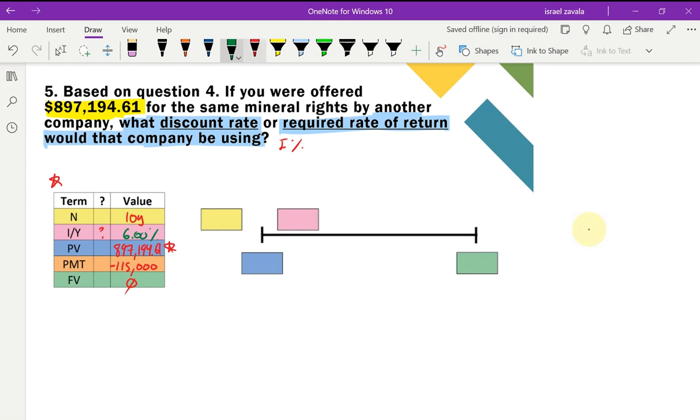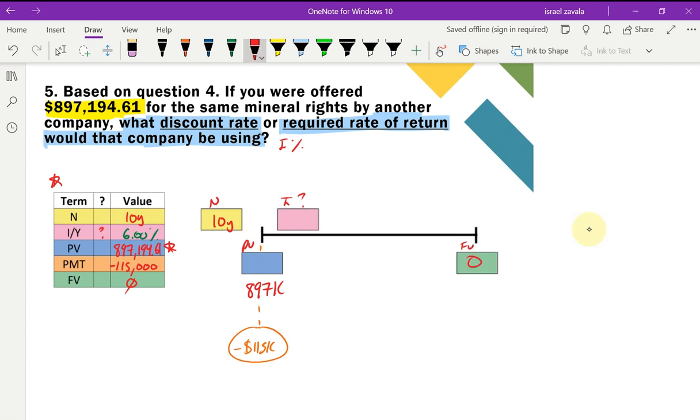On the timeline, of course, that would look like 10 years and then N I, which is what we're looking for. Present value, I'm just going to put it at 897,000. You guys already know. I'm not going to put all the details. And that stream of payments would be 115,000, right? Future value is equal to 0.